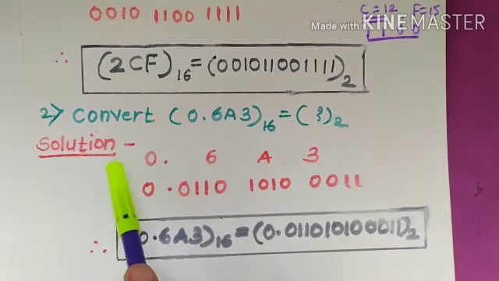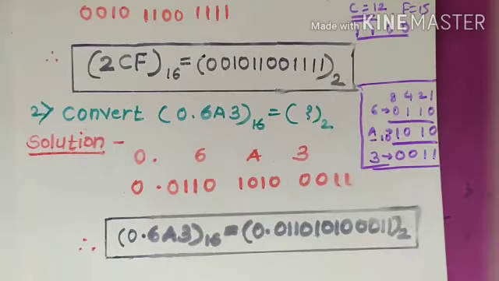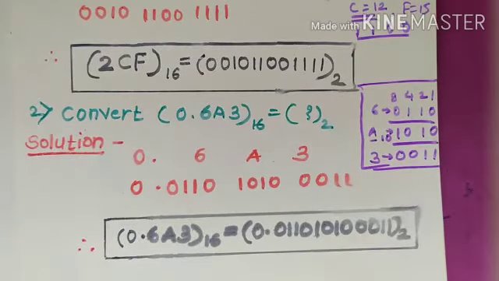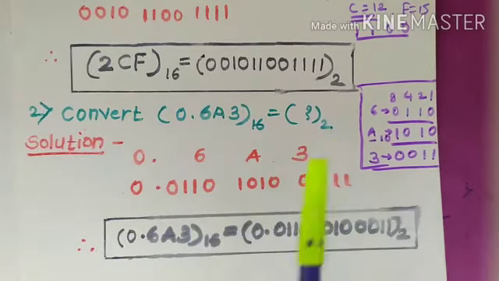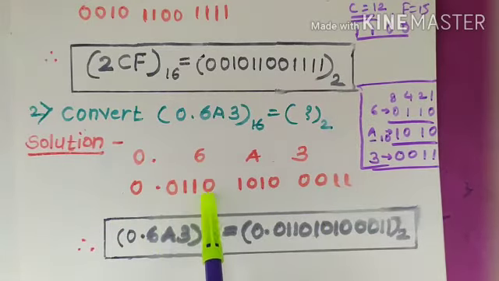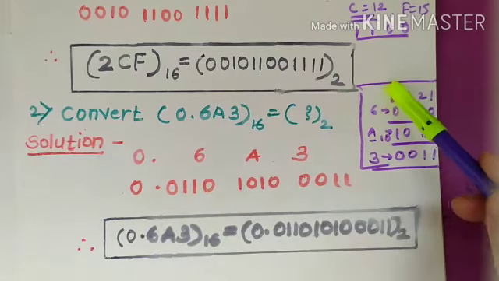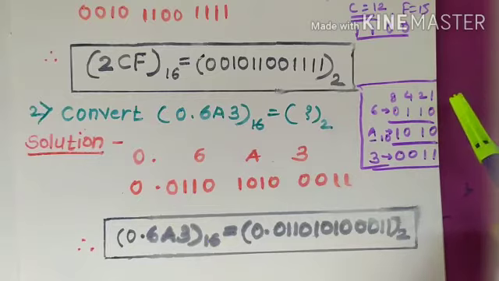So the solution is 0.683. Now students, write these digits separately. Now write their equivalent binary numbers in this way, according to the 8421 binary weighted digits as explained in the previous example.